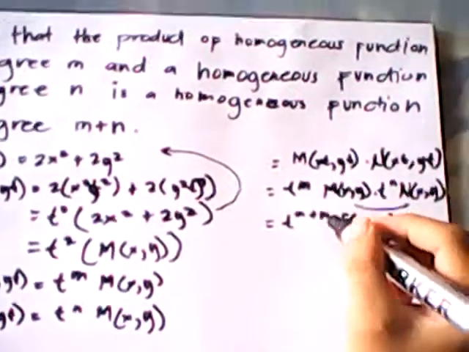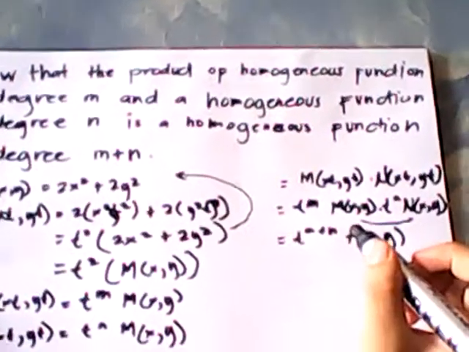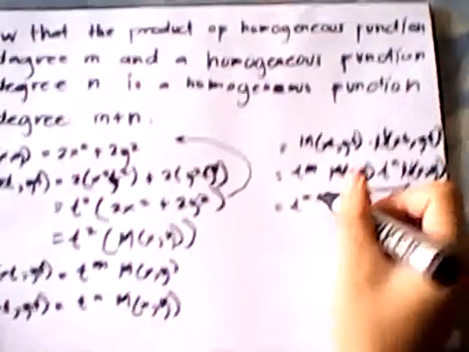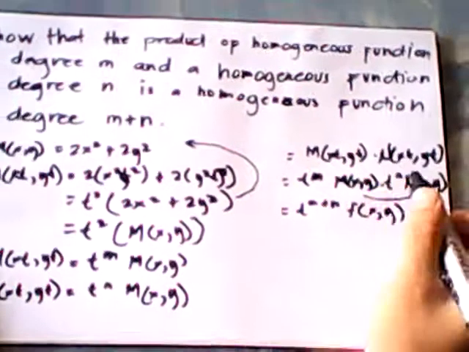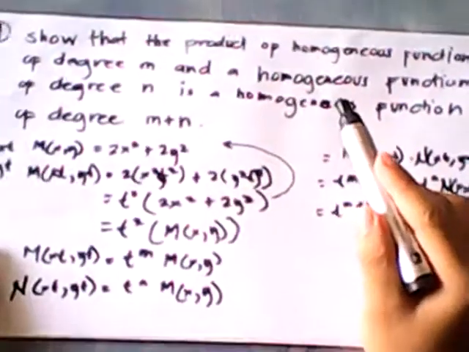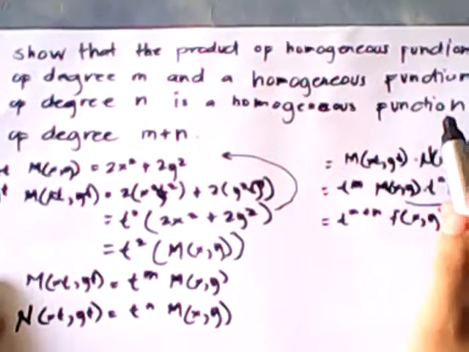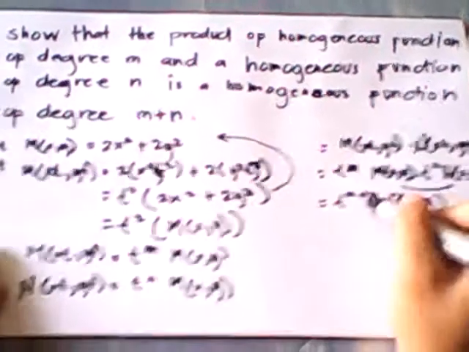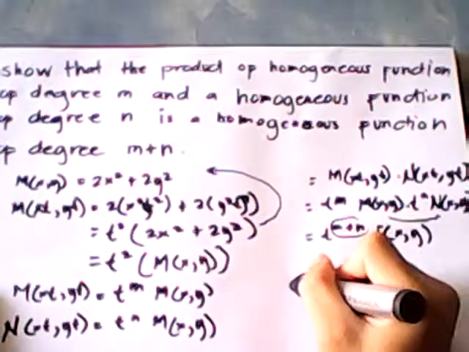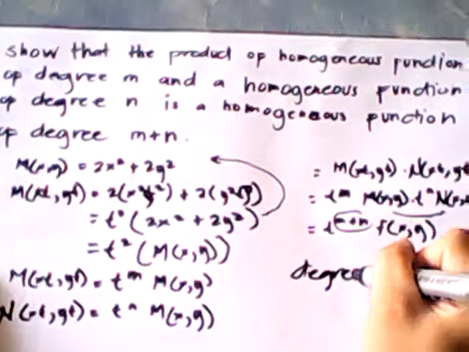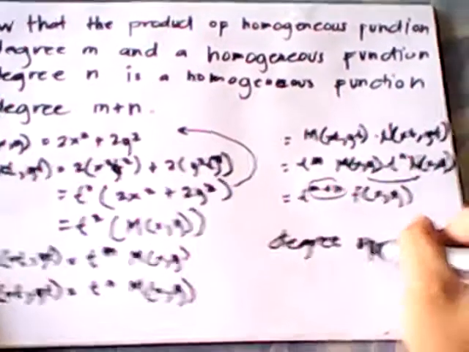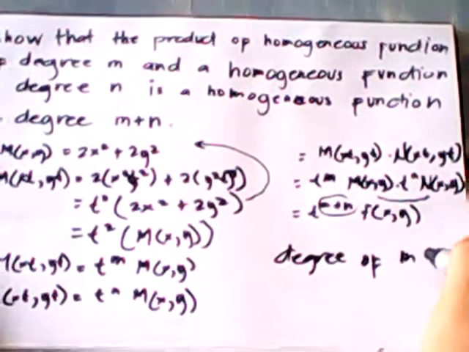So now we show that the degree of the product of two homogeneous functions of degree m and n is equal to degree m plus n.